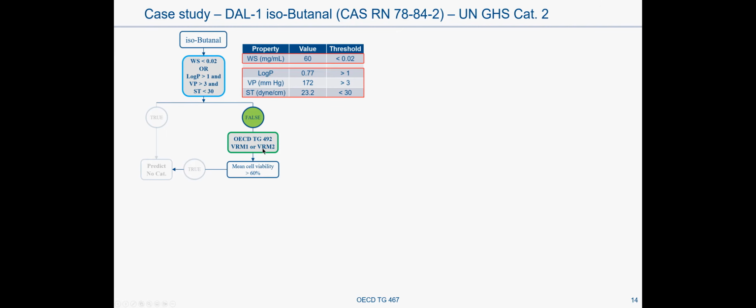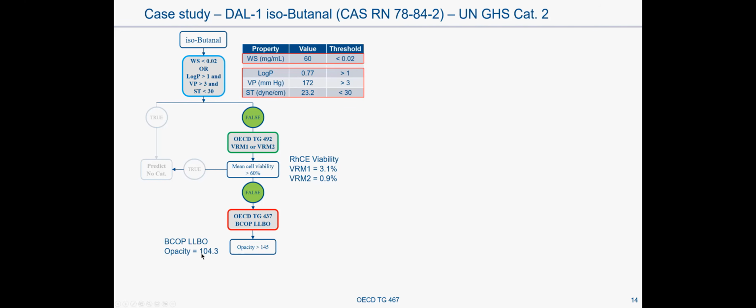And then the next step is to look at the cell viability with VRM1 or VRM2. And the cell viability in both methods was very low. So it means that the compound was irritating. And then the next step is to look at the BCOP LLBO. And the opacity was 104, which is below 145. So the final prediction is category 2.